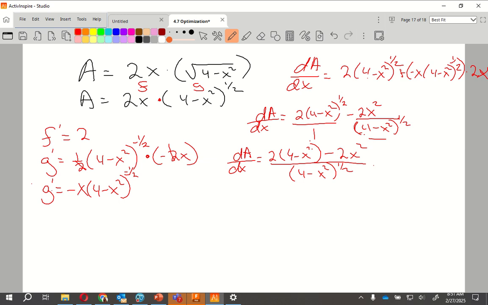So now as I set it equal to 0, I'm going to distribute this, so I get 8 minus 2x squared minus 2x squared, and zero product rule is going to take care of my denominator.